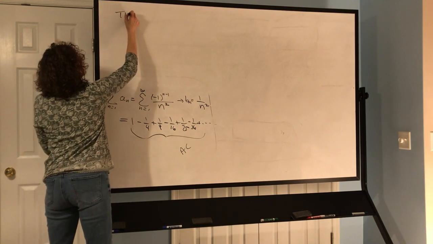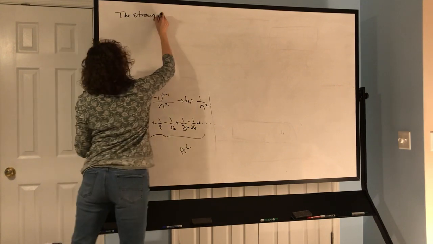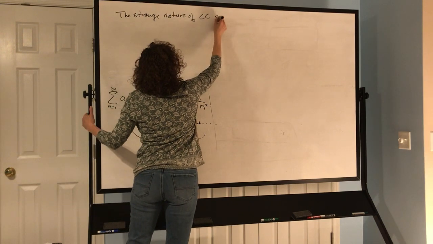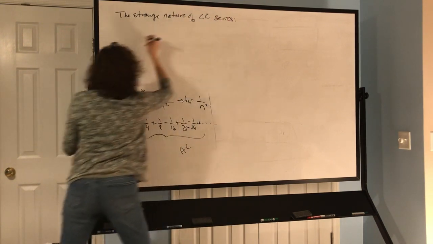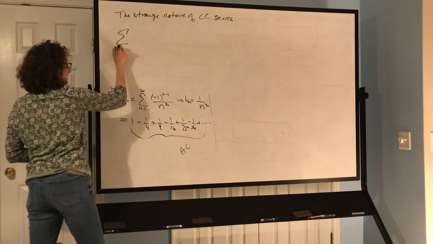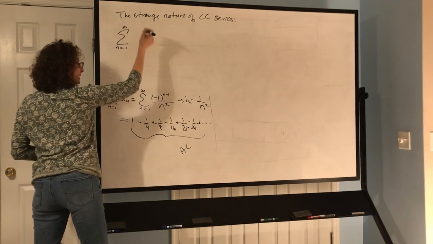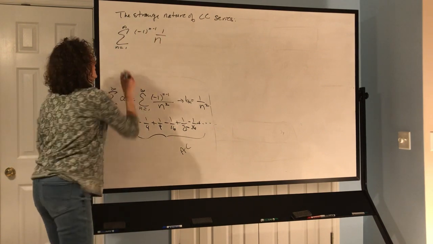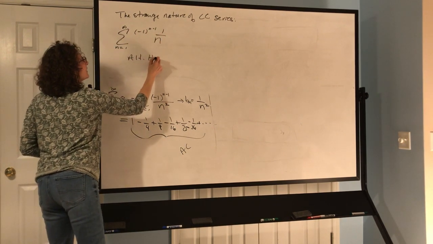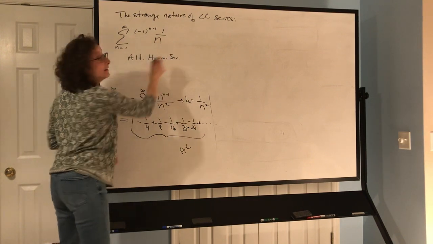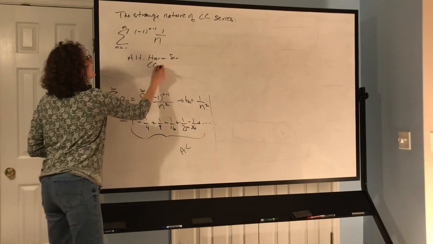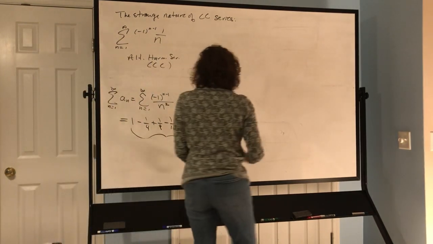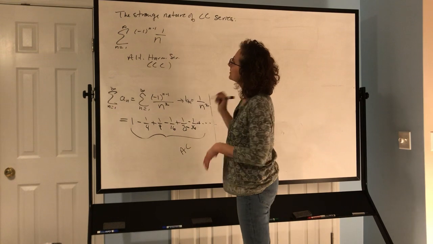So we could call this the strange nature of conditionally convergent series. Okay, so our guy, the sum from n equals 1 to infinity of (-1)^(n-1) times 1 over n, our alternating harmonic series, does what? Converges conditionally, which means converges. This guy converges absolutely, this guy converges conditionally.